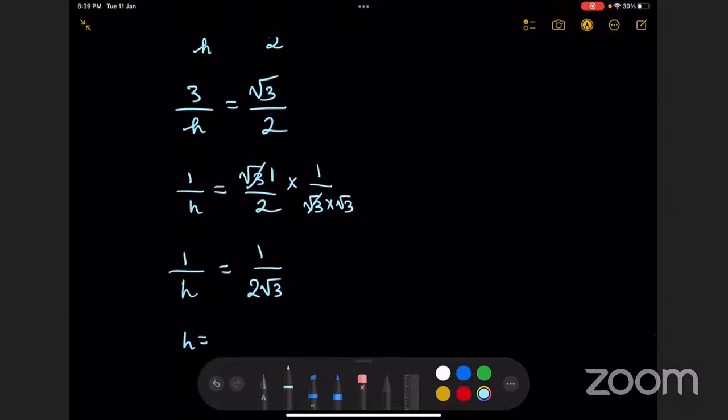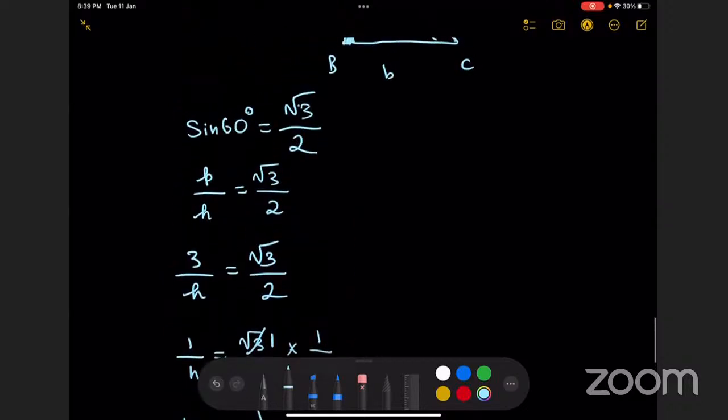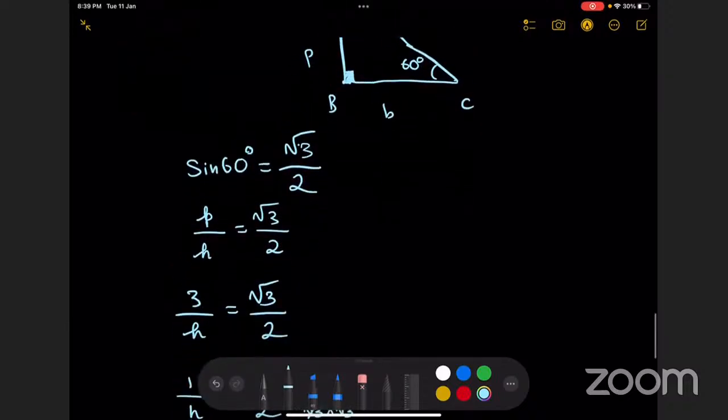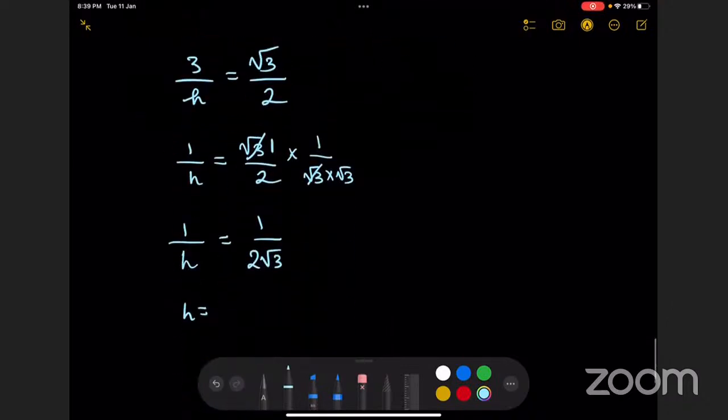I doubt this is right, actually. What's your answer for slide 2? I'm getting 2 root 3, but that can't be right. This is correct, sir.